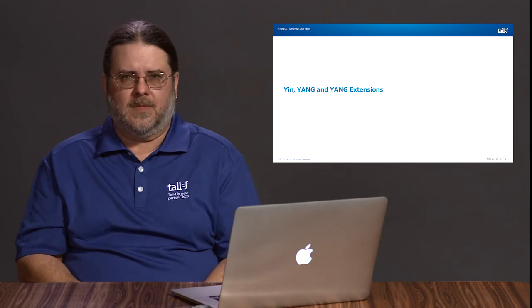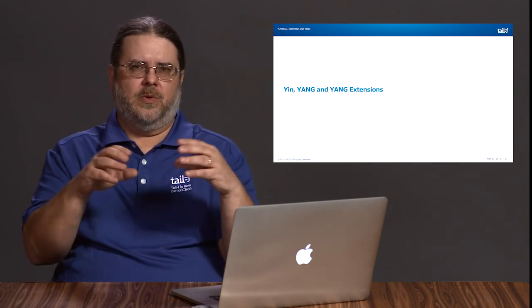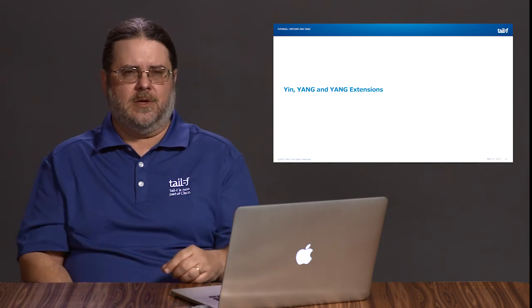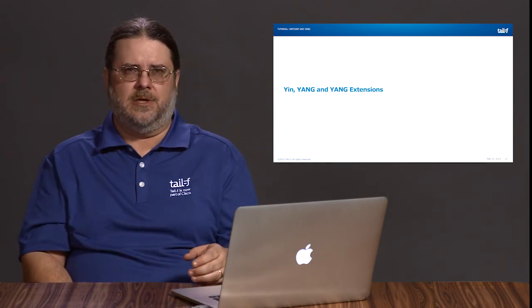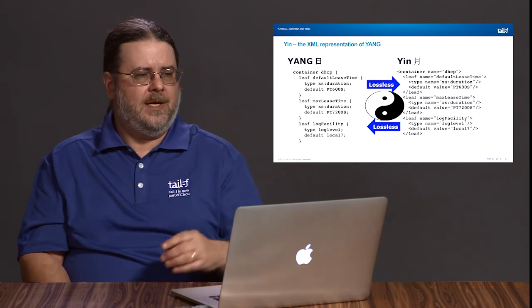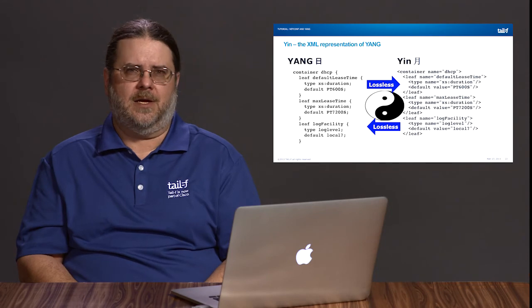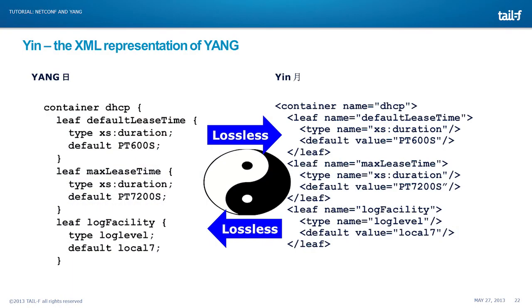So, let's talk a little bit more about other things in the Yang ecosystem, such as Yin and Yang extensions. I had mentioned previously that Yang has an XML counterpart called Yin.